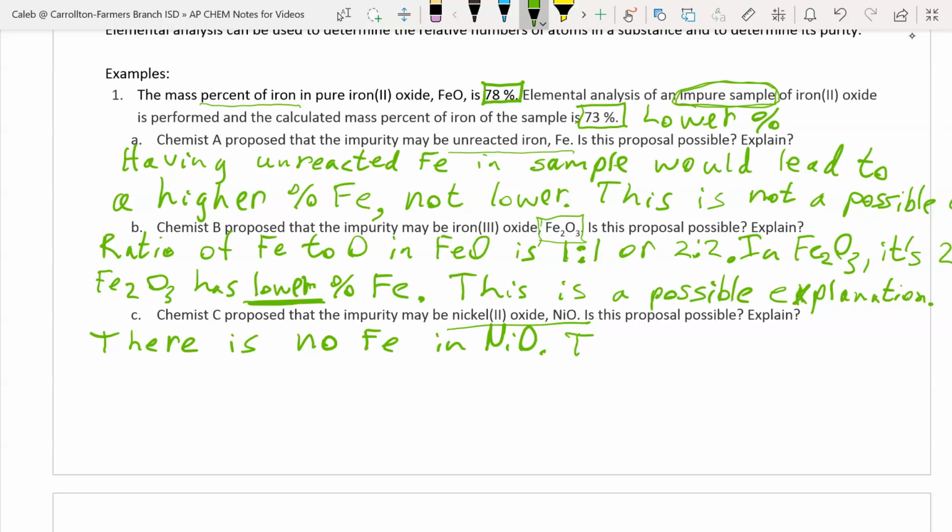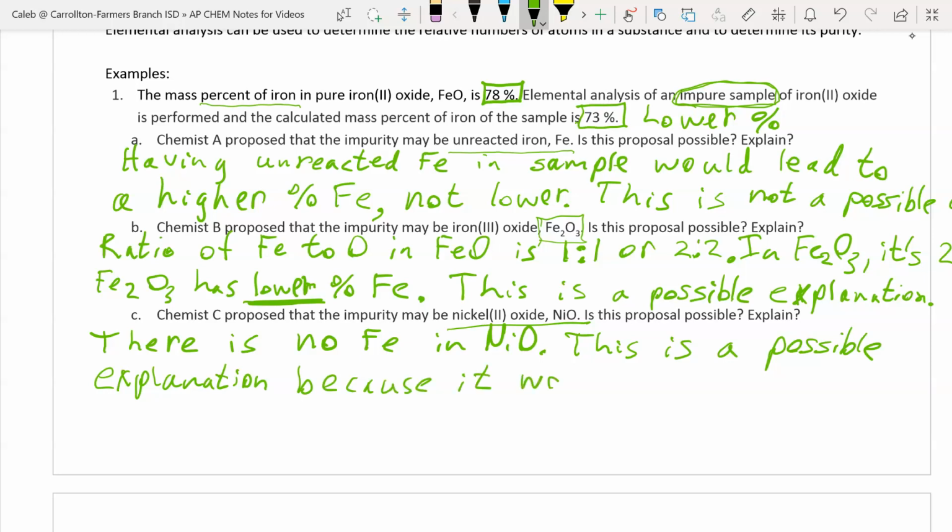So this is a possible explanation, because it would decrease the percent of Fe.